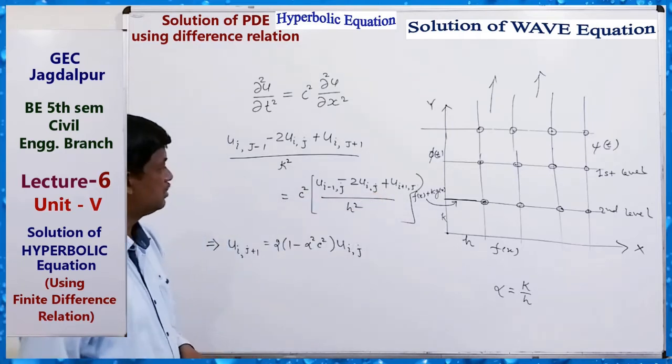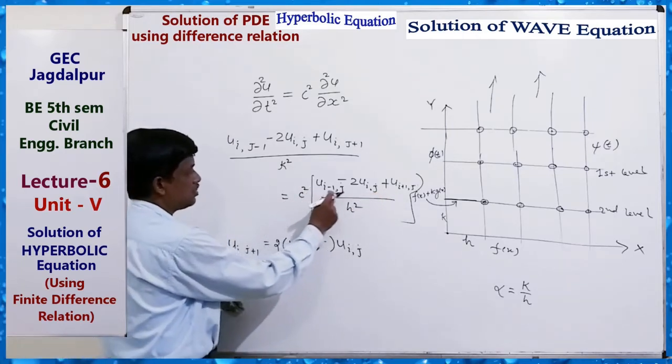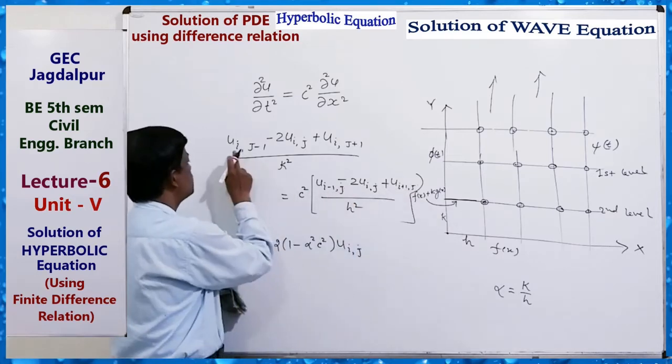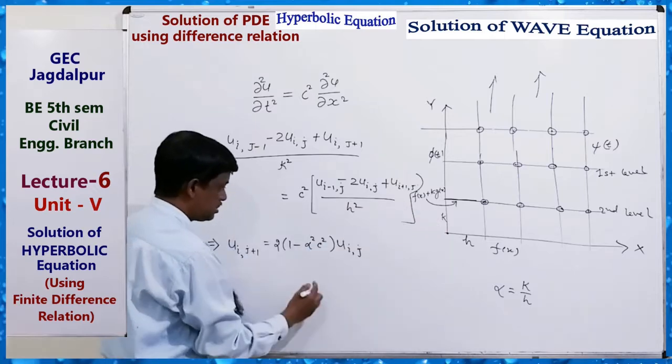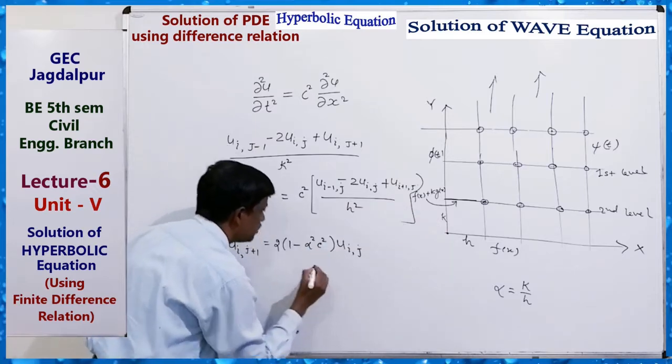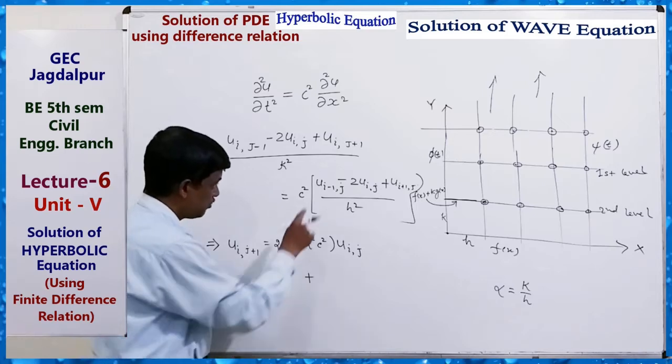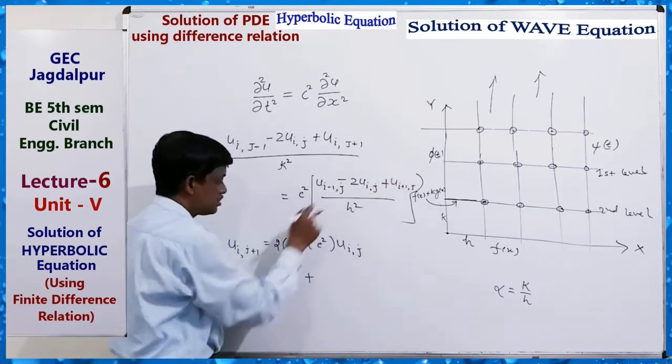Now this and this we can write like this. Here see i minus 1, i plus 1, j, and this is i, j minus 1. This will be minus on the right hand side. So for this and this, alpha square c square is the coefficient.